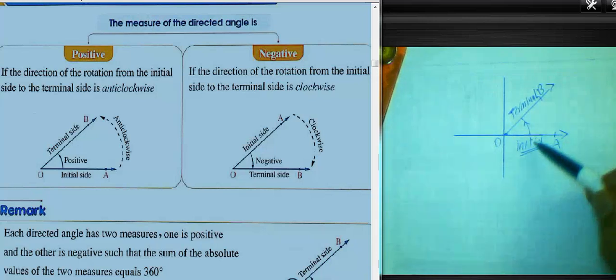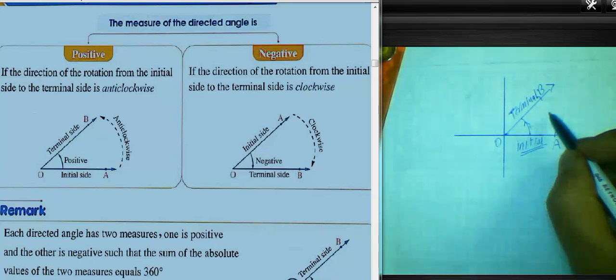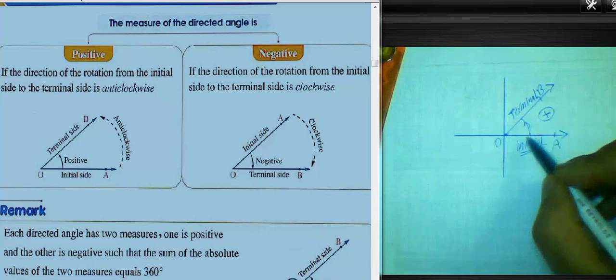Coming from OA to OB, this direction is anti-clockwise. So the sign will be positive.